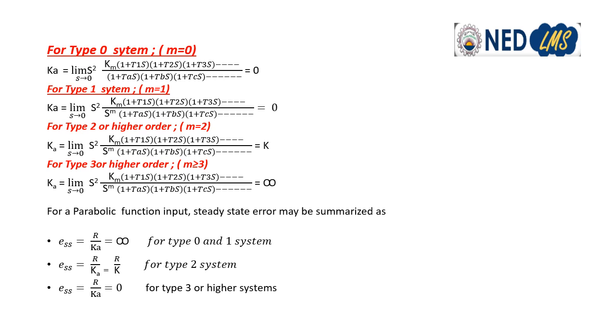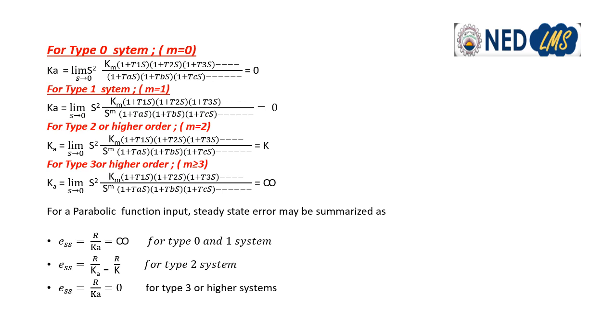So we define the steady state error for different types of systems by putting in the value of the error constants. So steady state error is R upon ka for type 0 and 1 system. This is R upon ka, or sometimes R upon k, for type 2 system, and this is 0 for type 3 system when we put the value of ka as infinity.